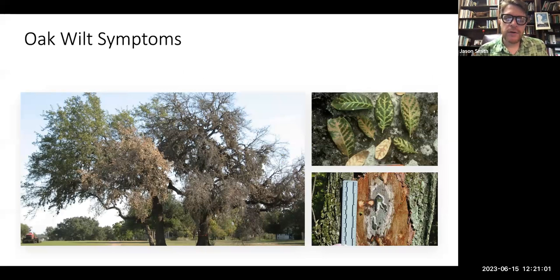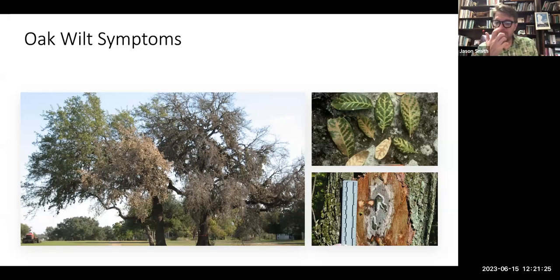But most importantly, you get what are called pressure pads under the bark, where the bark splits and you get the fruiting bodies of the fungus. The fungus produces these asexual fruiting bodies under the bark, and you can see that in the lower right there. It's a gray little structure that produces pressure under the bark, and the bark will crack open.